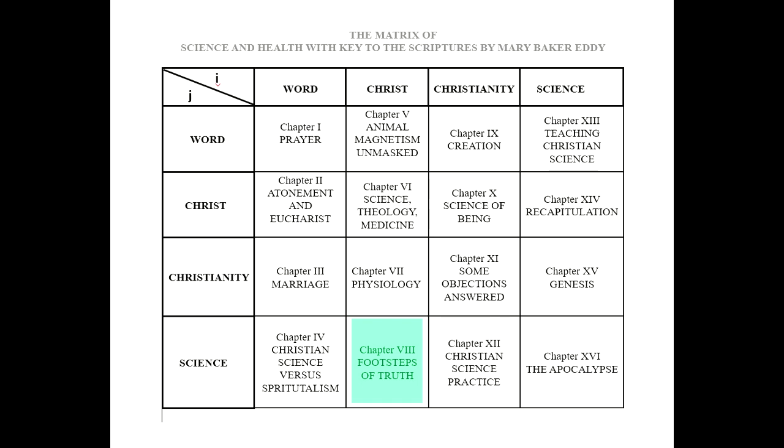And what is fundamentally happening from the standpoint of science is that there is a Christ translation that is translating your unscientific consciousness into the scientific consciousness, so that we see that we have followed precisely how that translation of God to idea is first encountered as we accept it in Animal Magnetism Unmasked, then with its power of manifestation in spite of error in Science, Theology, and Medicine, then as bringing out an exalted sense of being as we begin to see what it is to leave the mortal for the immortal in Physiology, and as a fourth point, from the standpoint of scientific understanding, really bringing the whole issue to the question of science and to understanding and to consciousness.